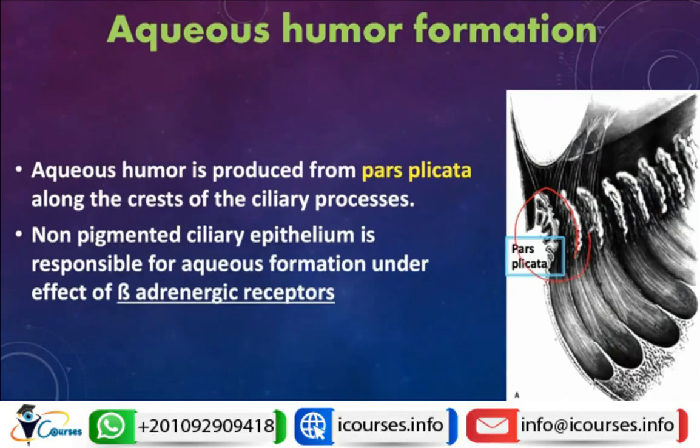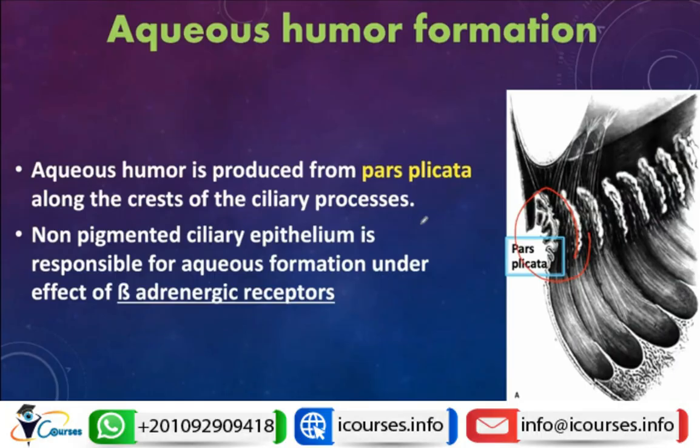The pars plicata is the anterior one third of the ciliary body, and it is what is called the ciliary process. The ciliary processes are the part of the ciliary body responsible for formation of the aqueous humor, and they consist of two types of cells. The ciliary epithelium is of two types.